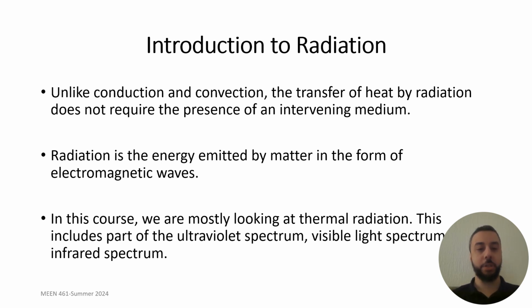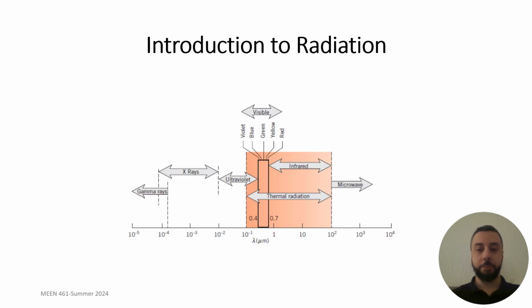Radiation is the energy emitted by matter in the form of electromagnetic waves. In this course, we are mostly looking at thermal radiation, and this covers parts of the ultraviolet spectrum, visible light spectrum, and the infrared spectrum. This is the electromagnetic spectrum, and there are different types of waves. You might have seen this in physics.